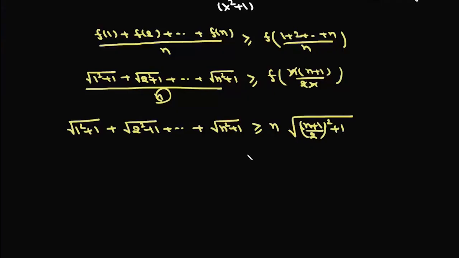So it will be greater than or equal to n by 2, and here we'll have n square plus 2n plus 1 plus 4.